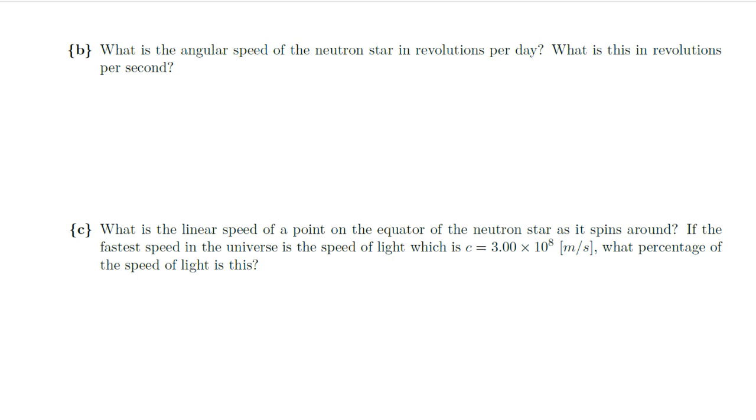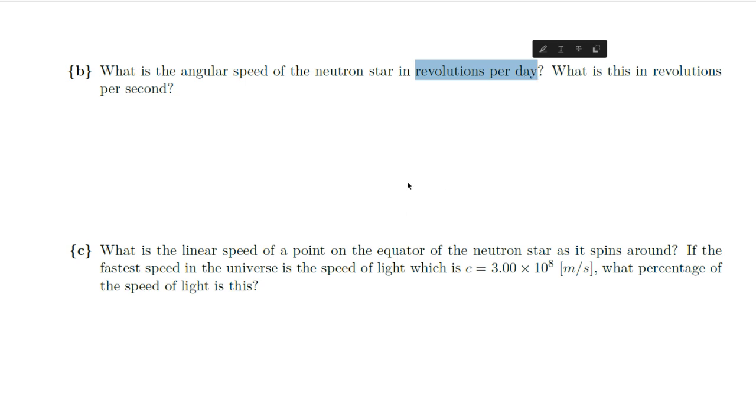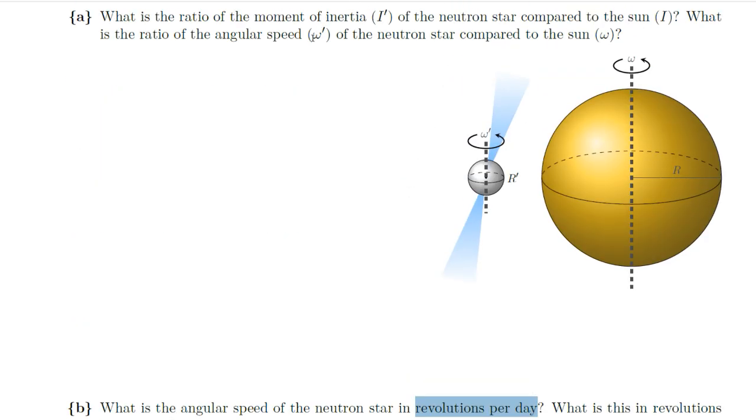Now, part B: what is the angular speed of the neutron star in revolutions per day? The previous part solved for how much bigger or smaller the new angular speed was compared to what it was before.